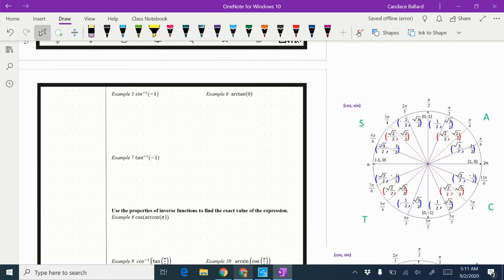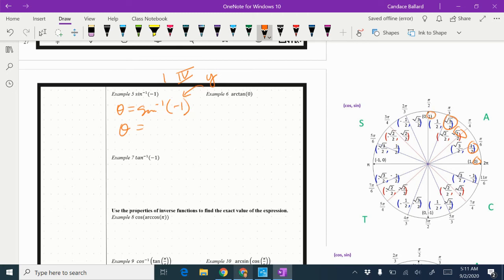Let's go ahead and look at examples 5, 6, and 7 as well. So in example 5, theta equals sine inverse of -1. All right, we know sine is valid in quadrants 1 and 4. Sine is the y value, so I'm looking for a y value of -1 in quadrants 1 and 4.